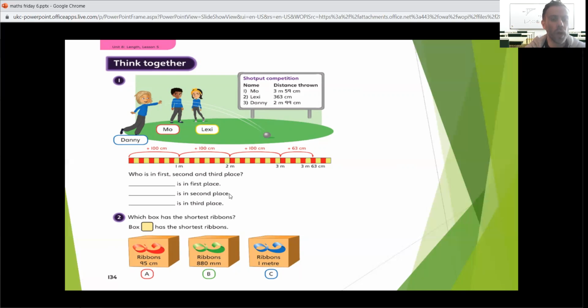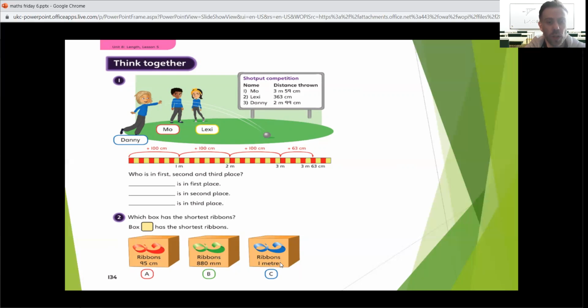Which box has the shortest ribbons? Okay, so you've got to decide. Red ribbons, 95 centimeters. Green ribbons, 880 millimeters. And then blue ribbons, 1 meter.